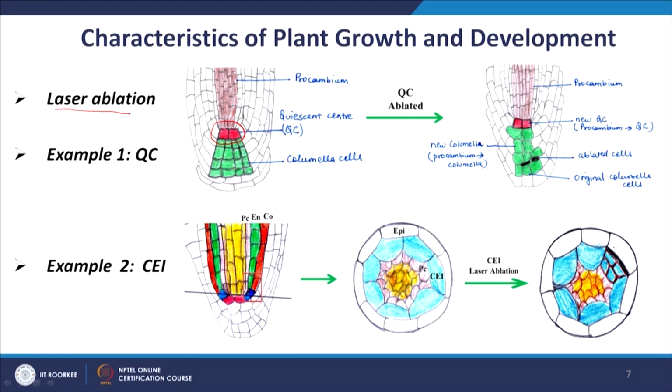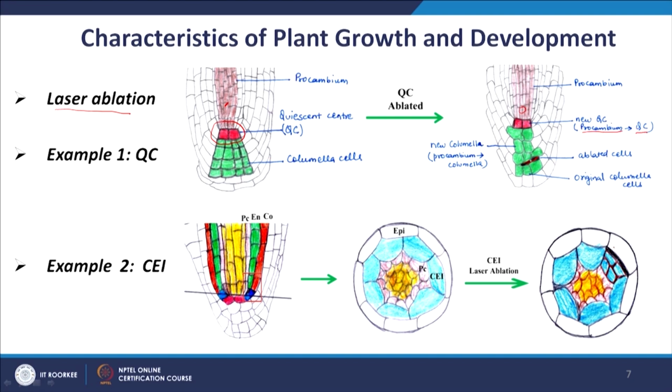And what happens if you kill this QC, or laser ablate it? If you look here, this is procambium. What happens if you kill the QC through laser ablation? Some cells of the procambium come to the place of the QC and make a new QC. What does it mean? It means that the fate or identity of the procambium has now changed to QC identity.